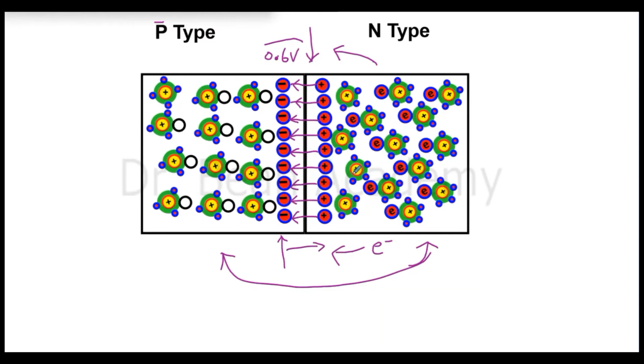Such a setup is called a PN junction, and it has been a miraculous discovery for the field of electronics, and you will see what happens with this setup when we connect the terminals of a battery across it.